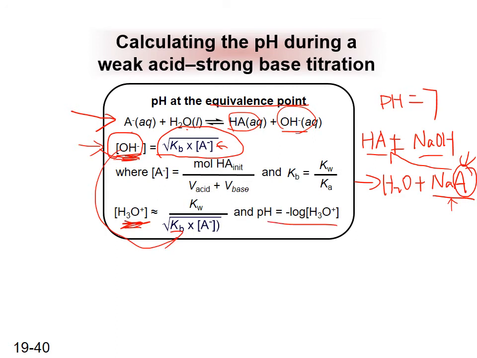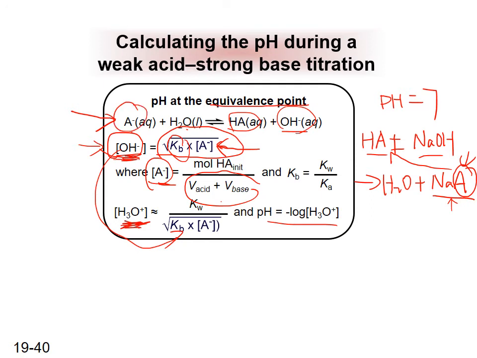But before you calculate the hydrogen ion, you need to calculate the concentration of the anion, the base, because when you add the base, the total volume changes. So you use the number of moles divided by the total volume. Also, what is Kb? It is the base constant for the conjugate base anion.